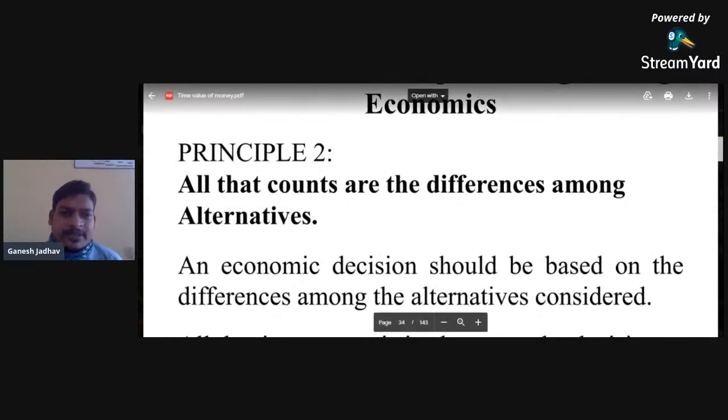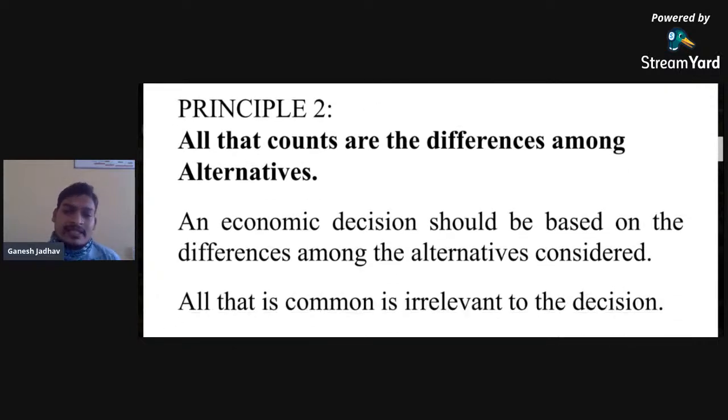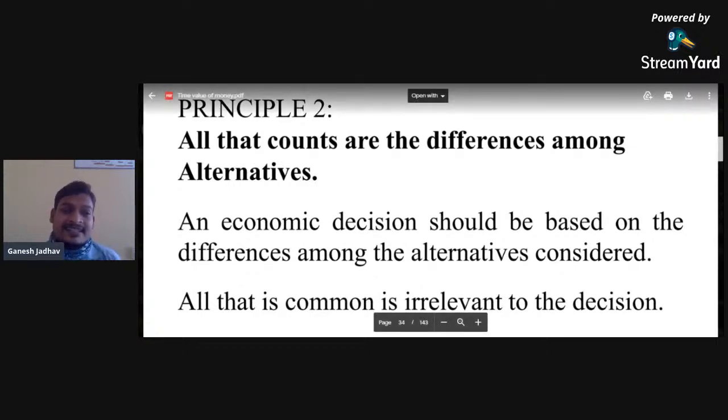Then the second principle. What is your second principle? Principle two: all that counts are the differences among the alternatives. The economic decision should be based on the differences among the alternatives considered.